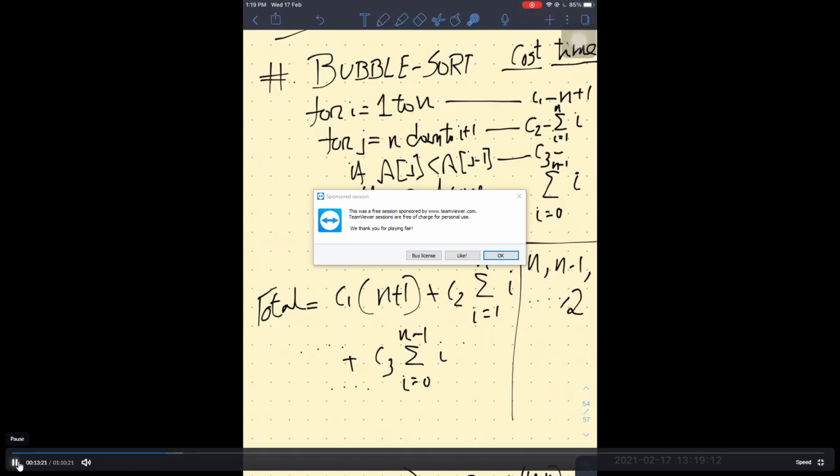So it will run from n down to i. Is it clear what I am saying here? Yes. So if you put the value of i from the outer for loop, when i is 1, this inner for loop will run from n down to 1, so that's n times.